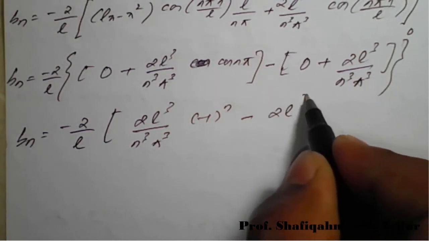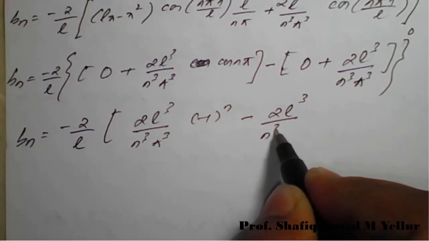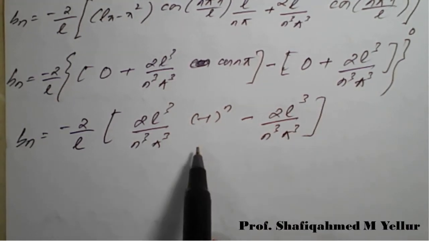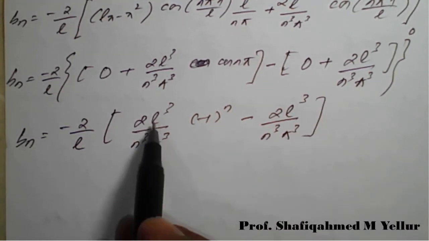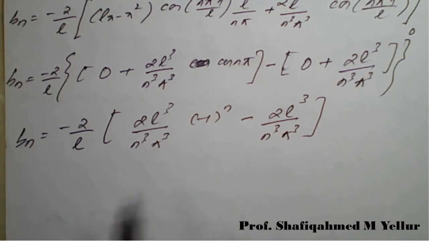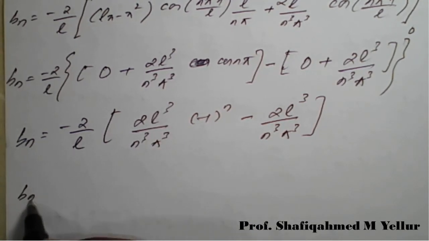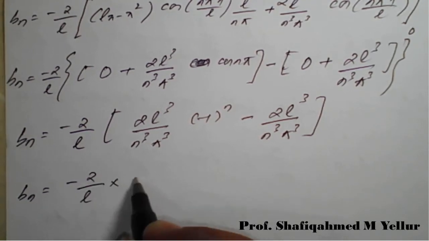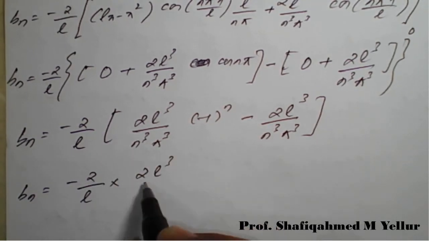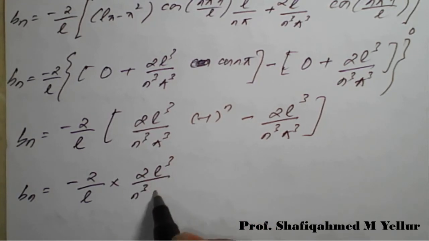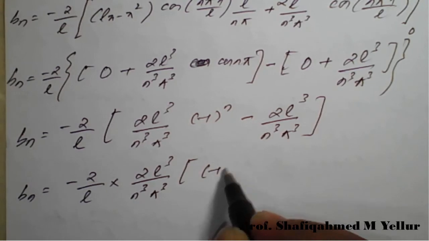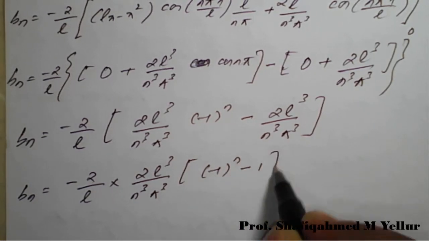Here we are left with 2L cube upon n cube pi cube. So among this, what is common we'll take. So 2 is common and L cube upon n cube pi cube is common. So therefore Bn is equal to minus 2 upon L into 2 upon L cube divided by n cube pi cube is common. So what is left inside here? Minus 1 raised to n minus 1.